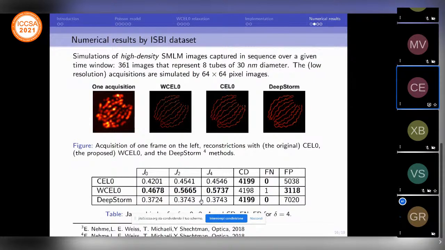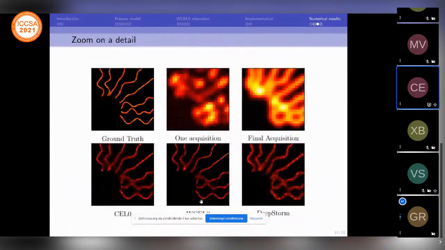And to have an idea of the result, in the last slide, we consider on the bottom one single acquisition with the optical system, and the result with this post-processing scheme.